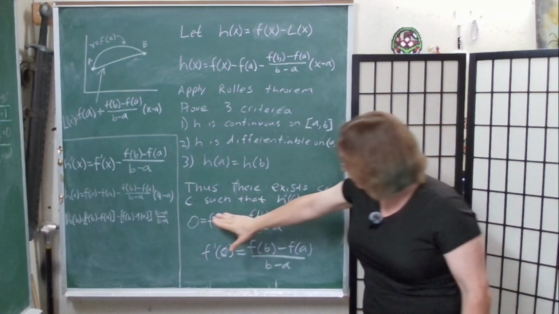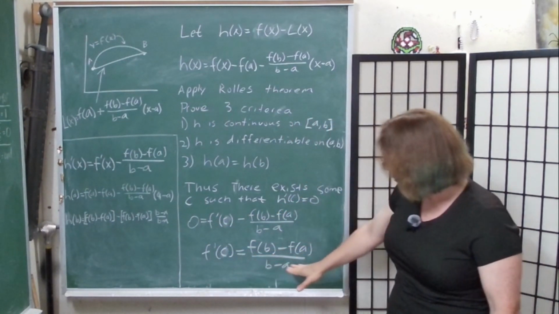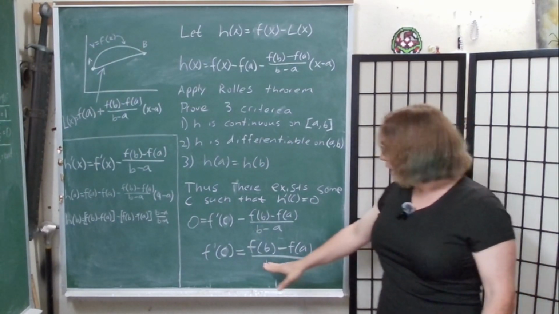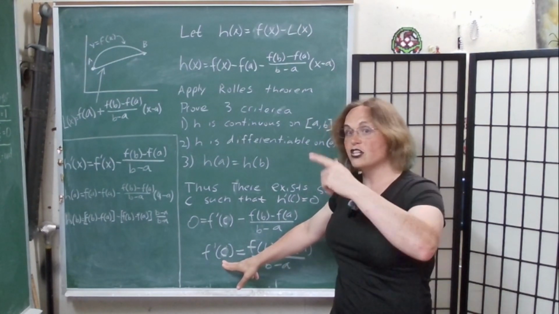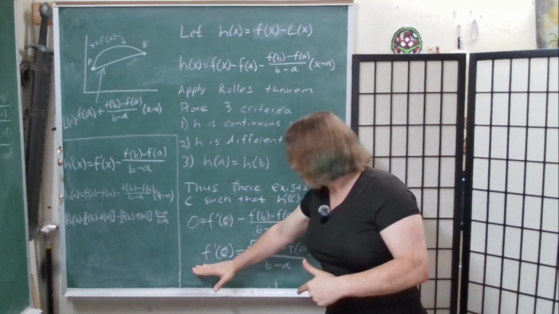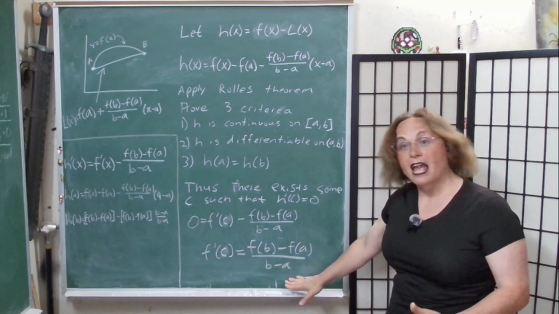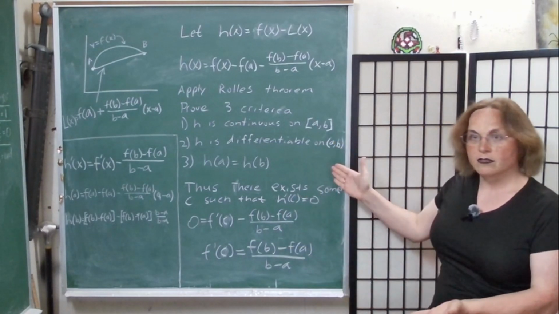And then when we solve that for f prime of c, we get f prime of c is equal to that slope. Or in other words, there exists some derivative of the function at c where that derivative is equal to the average rate of change of that function on that interval, the mean value theorem.